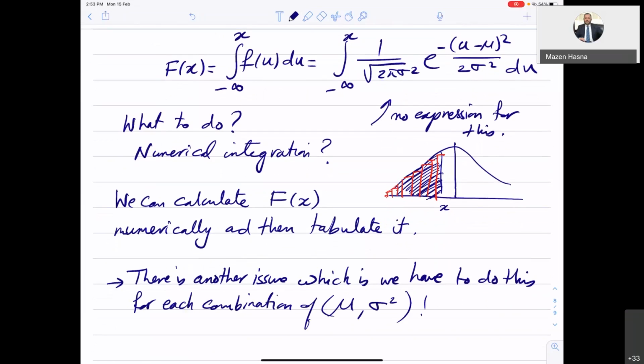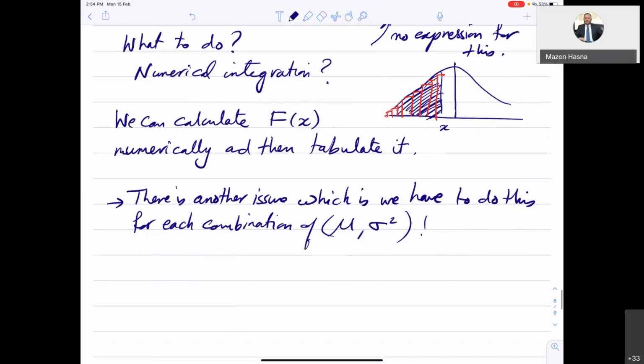So every time the mean changes, we have to go back and do the numerical integration and calculate things using the software to get results, which is not convenient because I have infinite combinations. Mu can be any number, sigma square can be any number. So I will not be able to create tables for every combination of mu and sigma. So what do we do?